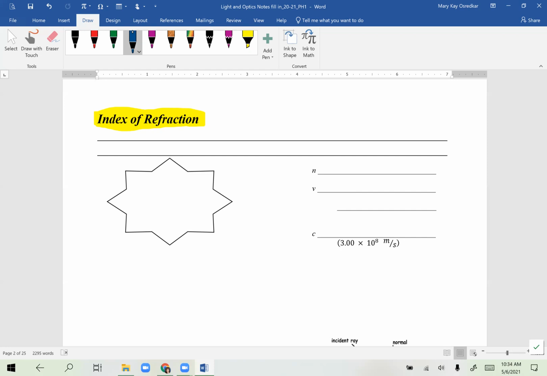Name a clear colorless liquid for me. Anybody? Water. What's another clear colorless liquid? Vodka. Okay, and what's vodka made of? Alcohol. What kind of alcohol? Specifically ethanol. Drinking alcohol is ethanol.